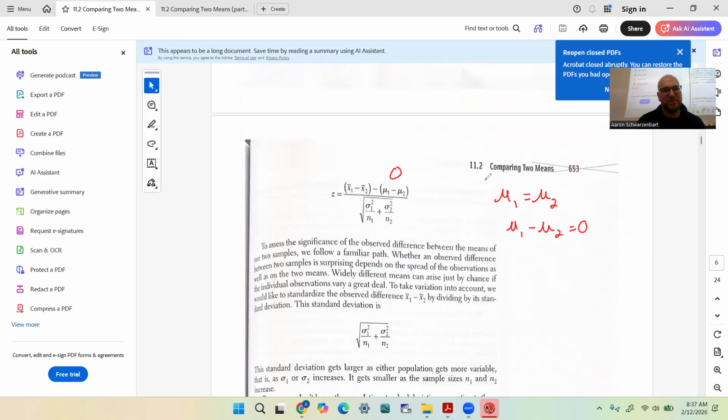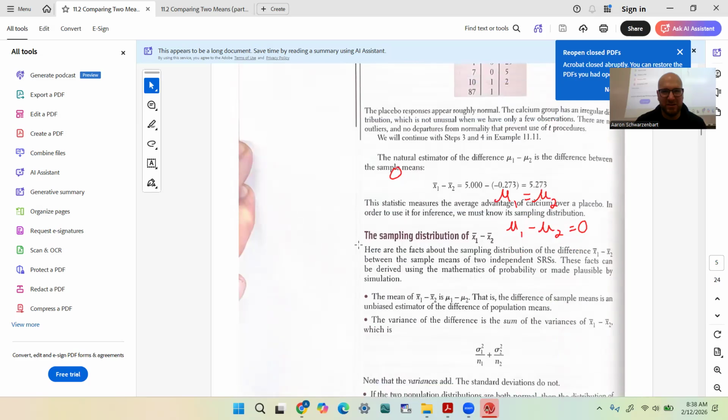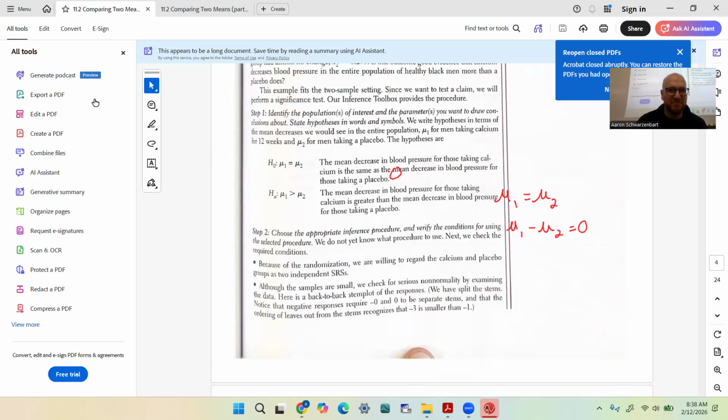For the echo or the mu? Because if it was mu, I don't understand how it equals. The numbers they gave you were the X bars. Okay. Mu is what we're trying to draw conclusions about. So mu is always coming from these.